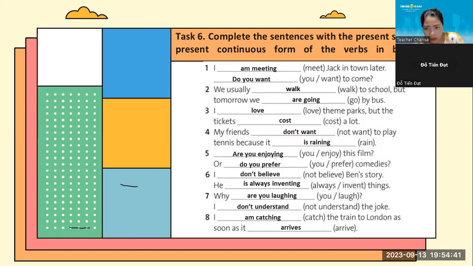Okay, we usually walk to school, but tomorrow we are going by bus. So, that's continuous. I love theme parks. So, that is common verbs, right? Ticket cost. Okay. Don't want, is raining. So just remember the use of the present and the continuous. So that's a simple, right?